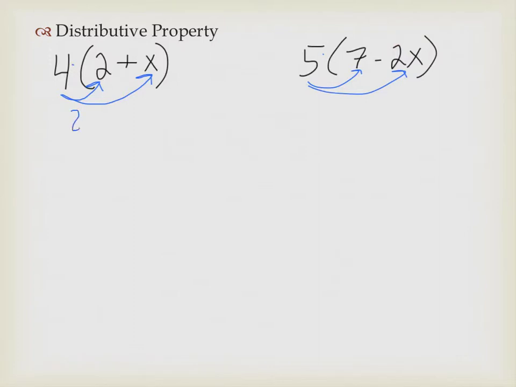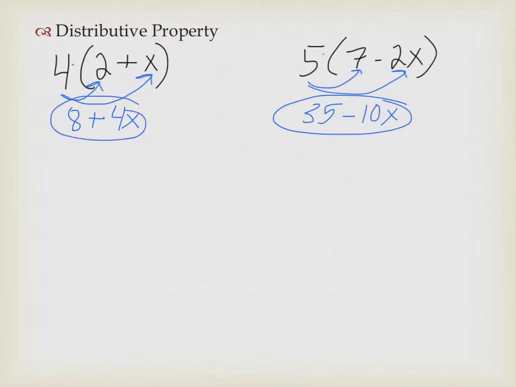So 4 times 2 is 8, plus 4 times x is 4x. Similarly, we'll have 35 minus 10x. A lot of students tend to struggle with the distributive property, so it's a really, really important idea to have down. The distributive property is kind of like the opposite of factoring.